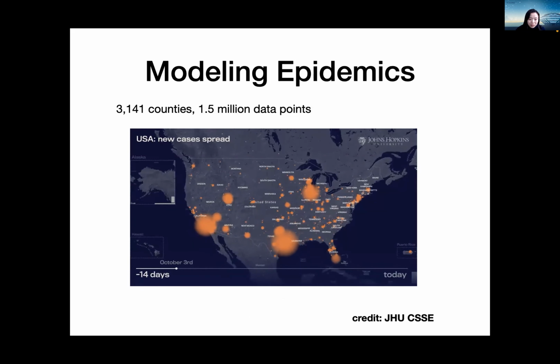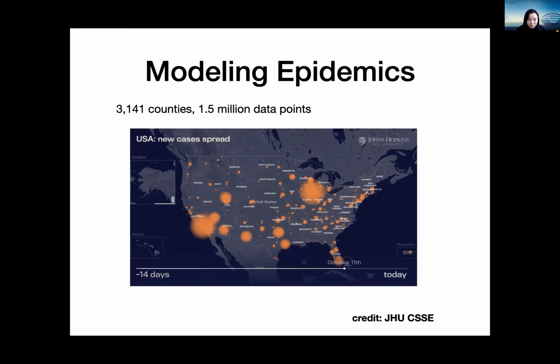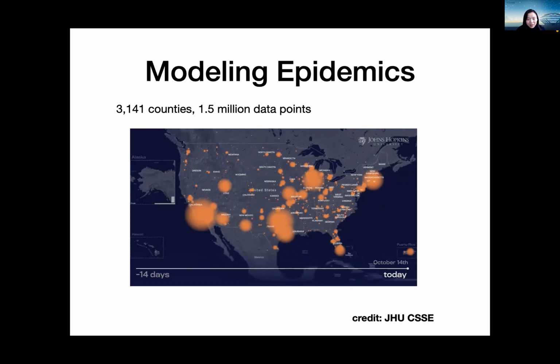I will motivate the problem of spatial temporal learning using the example of pandemic modeling. We know that pandemics are only increasing in frequency, magnitude, and complexity, and it's creating a lot of difficulties for our lives. Making forecasts of deaths and hospitalizations is important for informing public health decisions. In epidemic modeling, the traditional models are mostly based on mechanistic physics-based models.